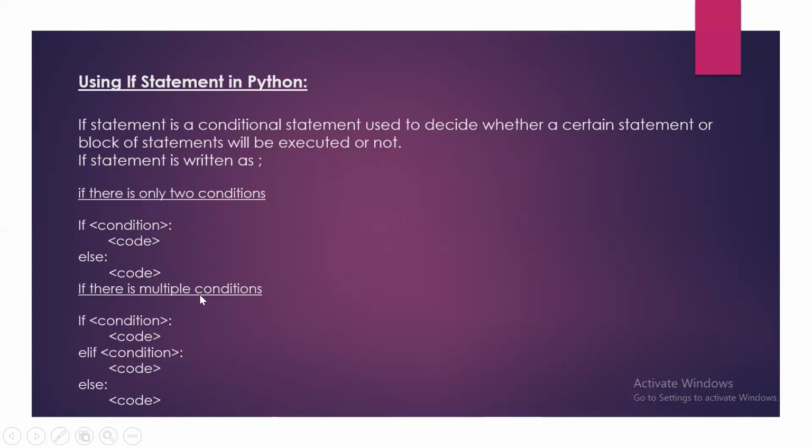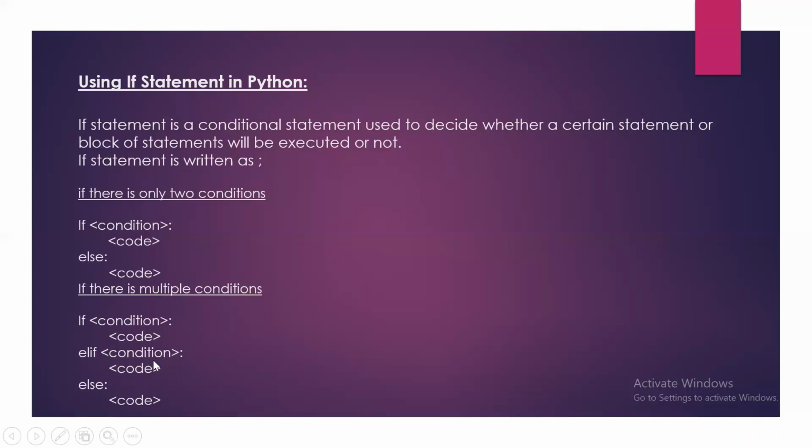And if there are more than two conditions to be tested, then we type if, specify the condition, give a colon, and specify the code which we want to run if this condition is true. And if it is not true, then we use the elif key to check another condition, and we specify another condition, give a colon, and specify the code which we want to run if this condition is true.